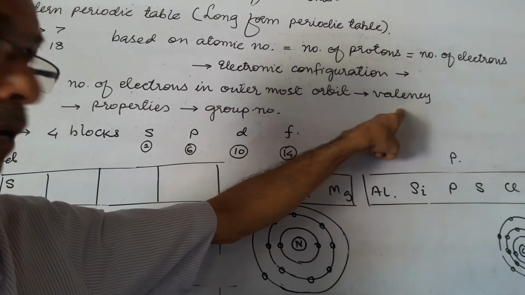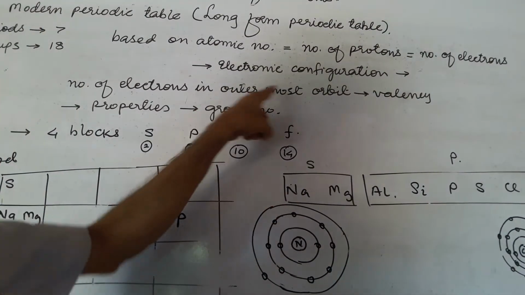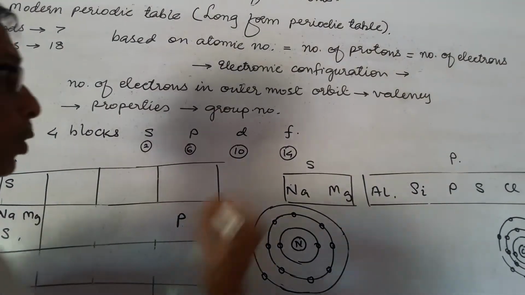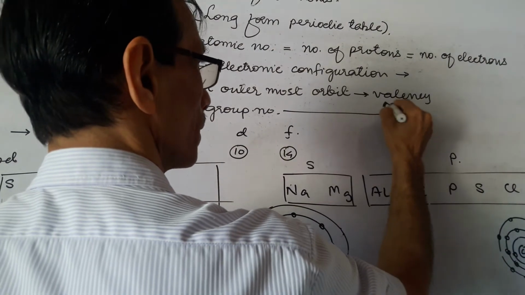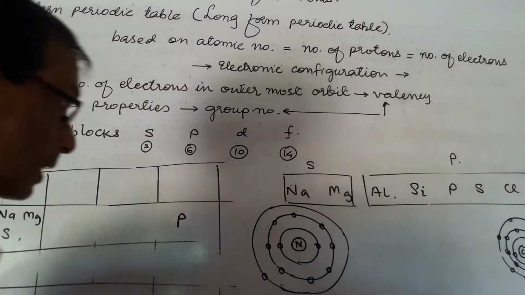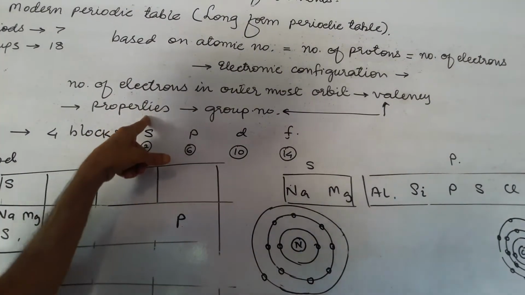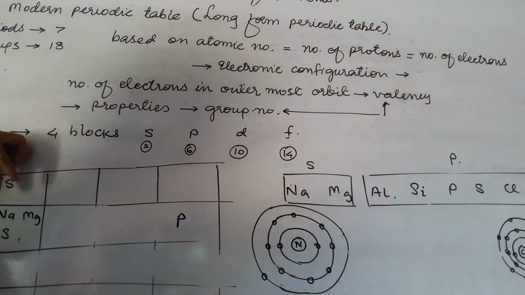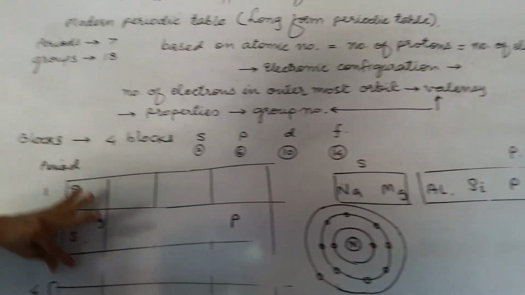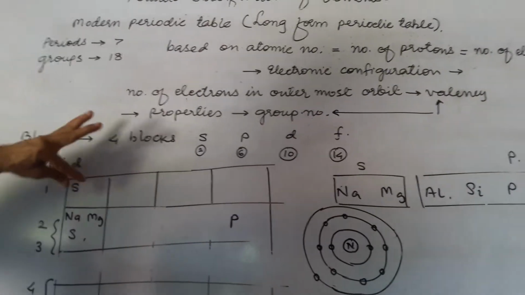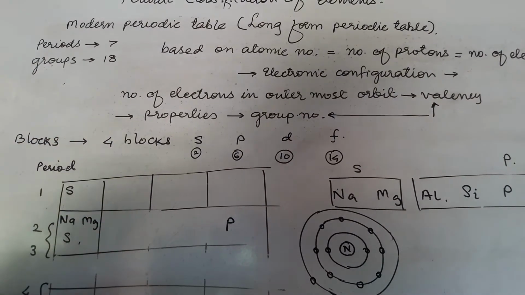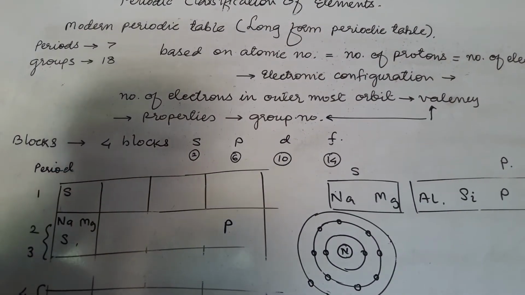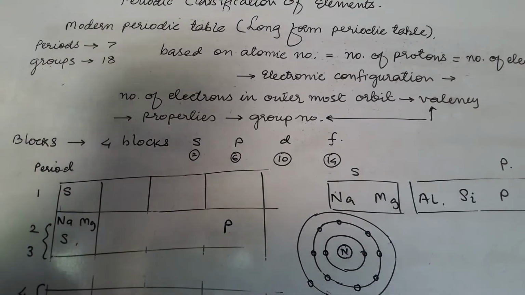At the same time, the number of electrons in the outermost orbit is the group number, and therefore there is a relation between the group number and the valency. That's why group number gives the properties of the elements, and therefore all the elements in the first group will have similar properties, all the elements in the second group will have similar properties. That's why elements in a particular group have the same properties.